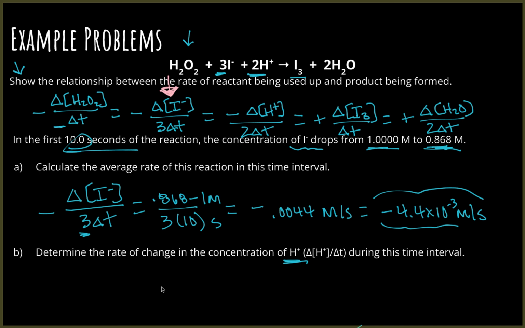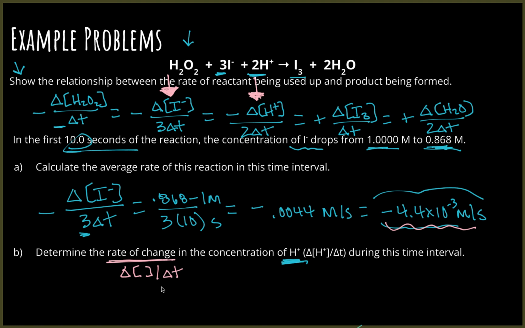Okay, so now it says determine the rate of change in the concentration of H plus during this time interval. Since I have this balanced equation and the relationship between these two substances, and I know the value for one of them, I can use this relationship to solve for the other one. When I'm solving for a rate of change, I'm solving for the change in concentration over the change in time.